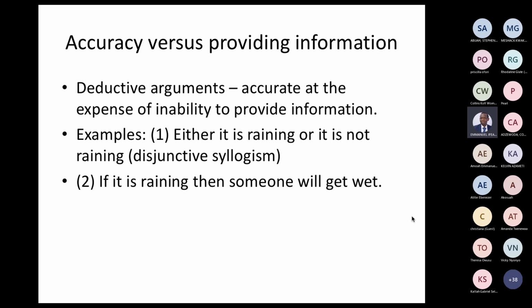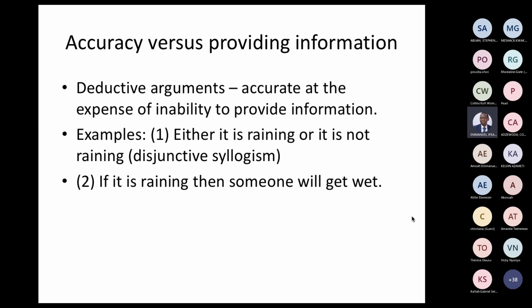So if it is raining, someone will definitely get wet. Now that statement is accurate and it will always be accurate. But does it give you any information about whether it is raining? No, it doesn't tell you whether it is raining. So you can say that it's another statement that is accurate at the expense of providing information about raining.